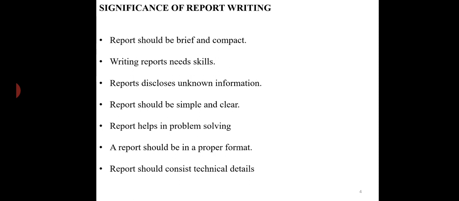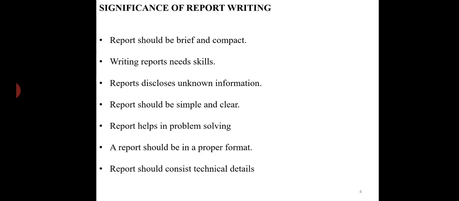The next one is a report should be in a proper format. This is very important. The researcher should arrange the entire research result in the proper format that should have all the essential components such as a title, introduction, findings, recommendations, everything.